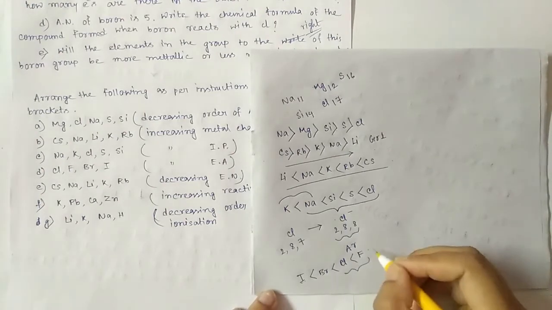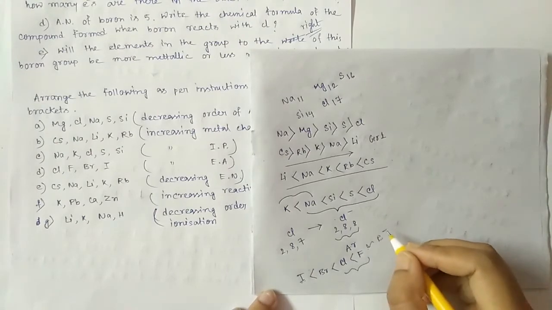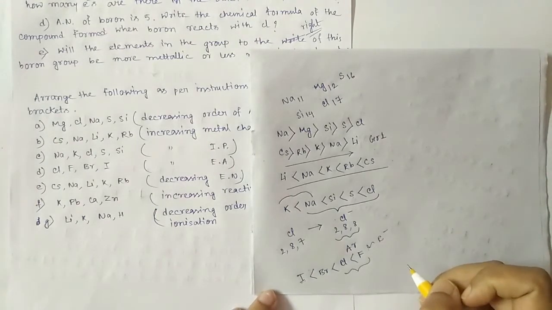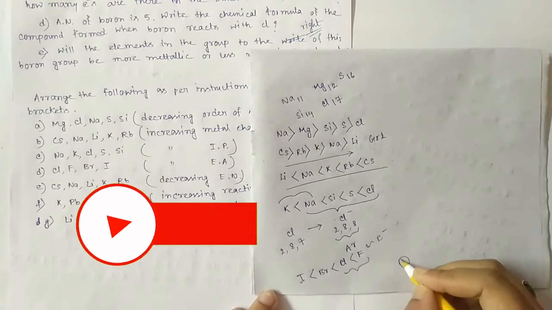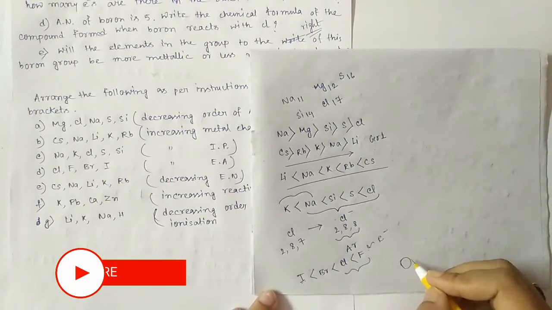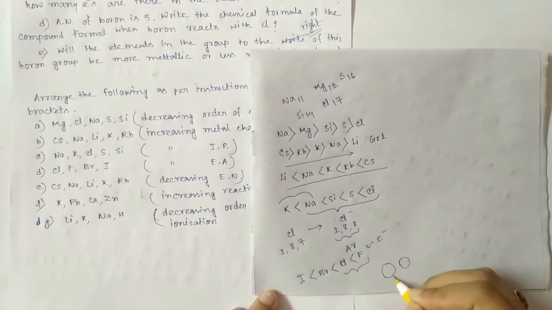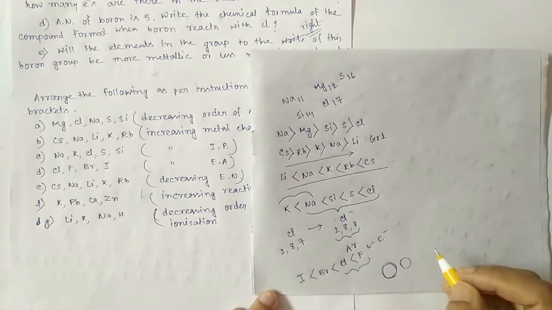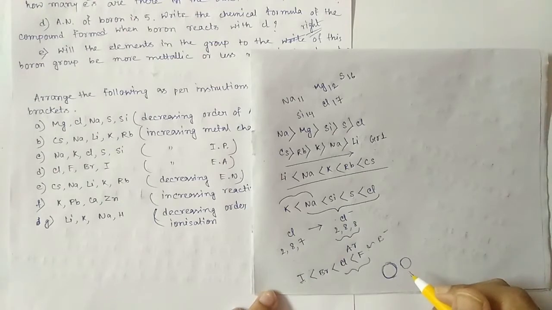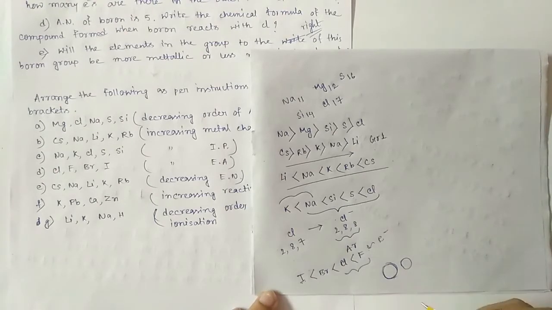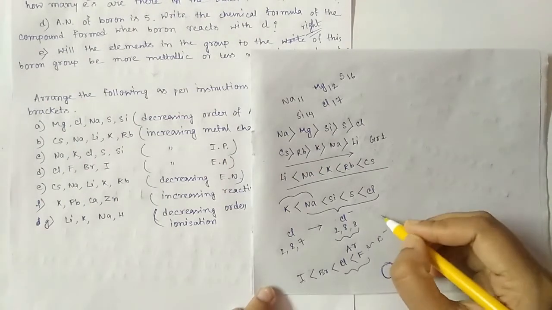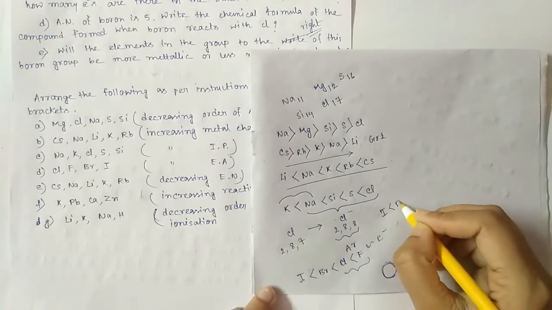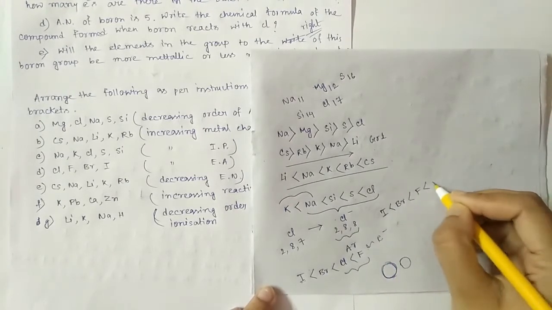If it gets one electron in its outermost shell, it will get an electronic configuration like neon, but there will be electronic repulsion in its outermost shell, as the size of fluorine is relatively smaller than chlorine. That is why it will release less energy than chlorine. So the final answer will be iodine, bromine, fluorine and chlorine.